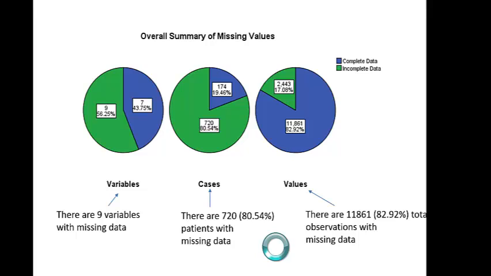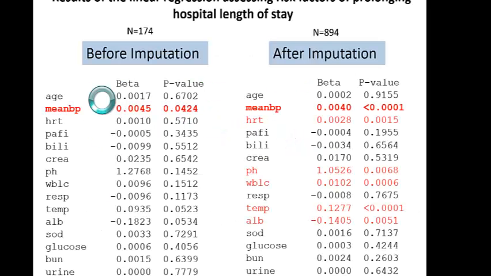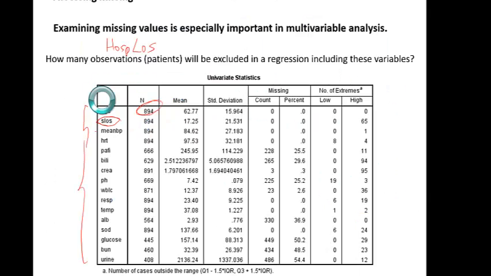SPSS provides a nice diagnosis of missing values. Based on this, you can see there are 9 total variables which have at least one observation missing. You simply count these: 1, 2, 3, 4, 5, 6, 7, 8, 9.